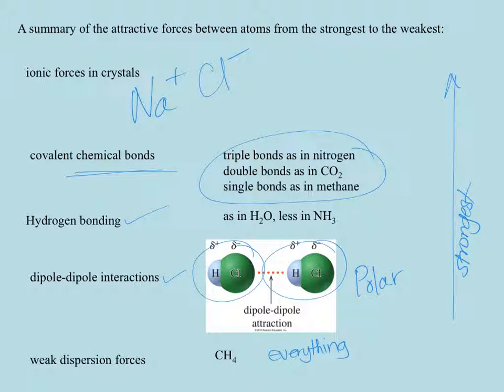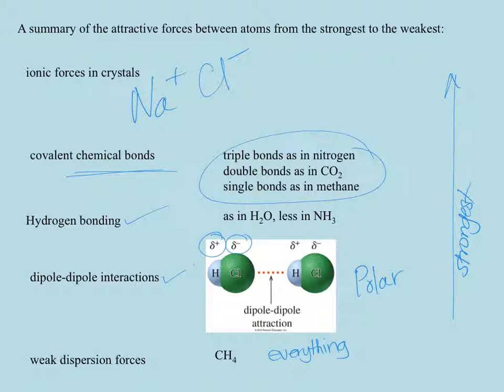So everything has dispersion. Only polar molecules undergo dipole-dipole, as you can see from this picture that I'm going to clean up here for you. Polar molecules have one side of the molecule that's partially negative, one side that's partially positive. That's the definition of a polar molecule. However, in a sample, even a single drop of HCl, there are millions and billions of molecules of HCl.